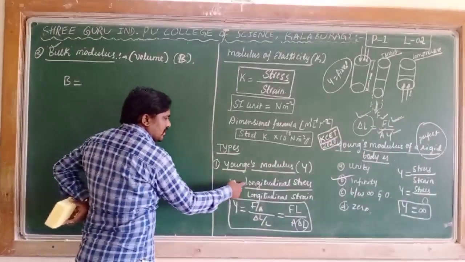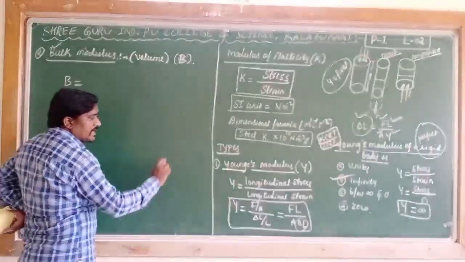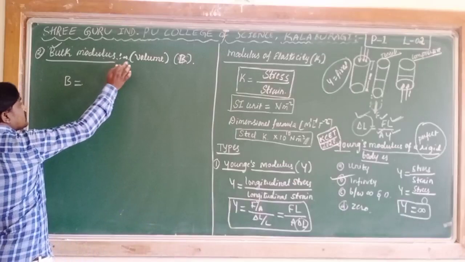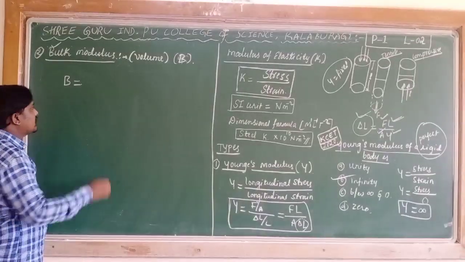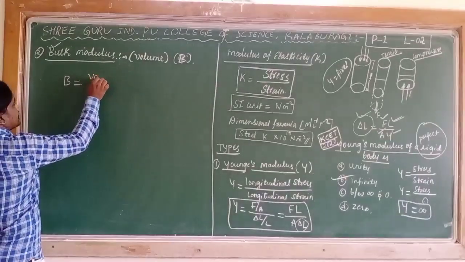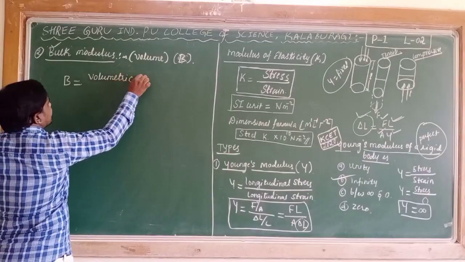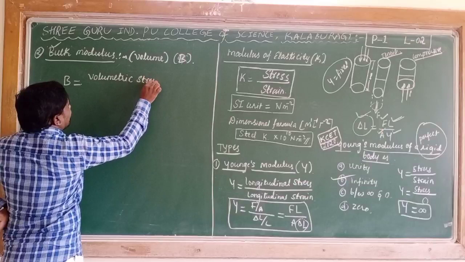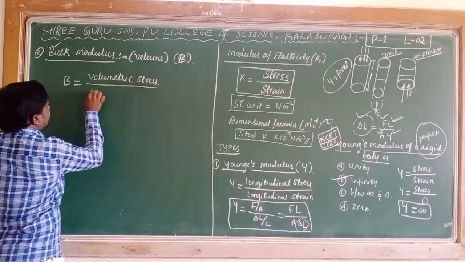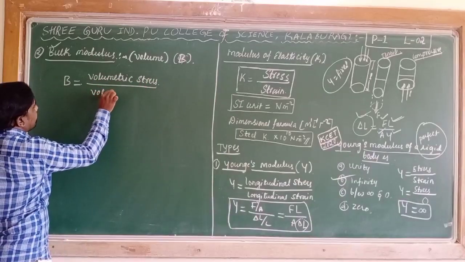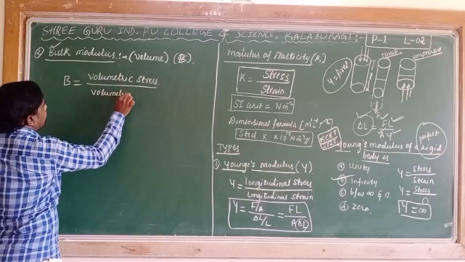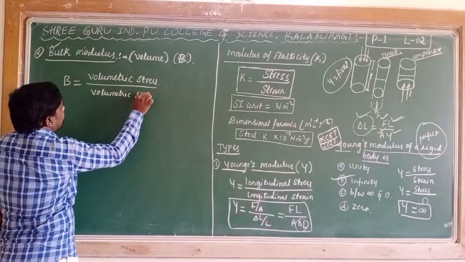Young's modulus means longitudinal stress, where we are discussing the length. Here it is volume. Volume means which type of stress? That is volumetric stress. Volumetric stress by volumetric strain.